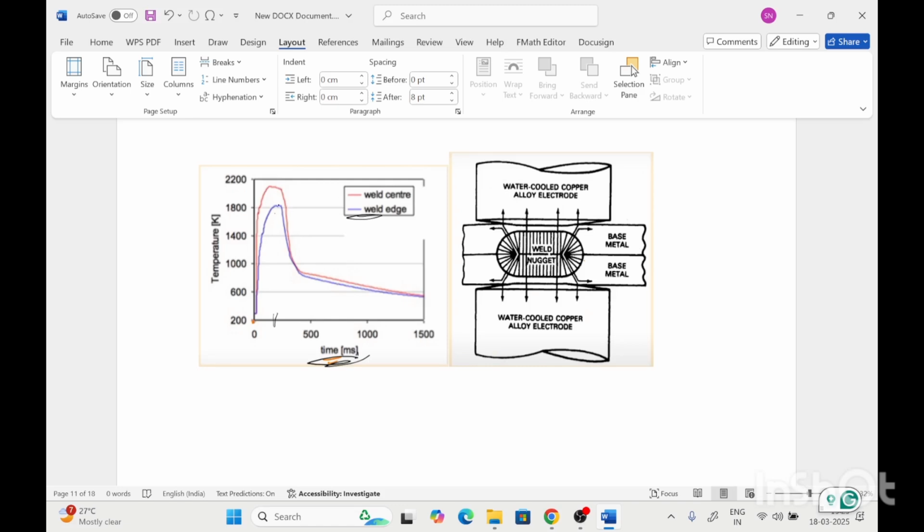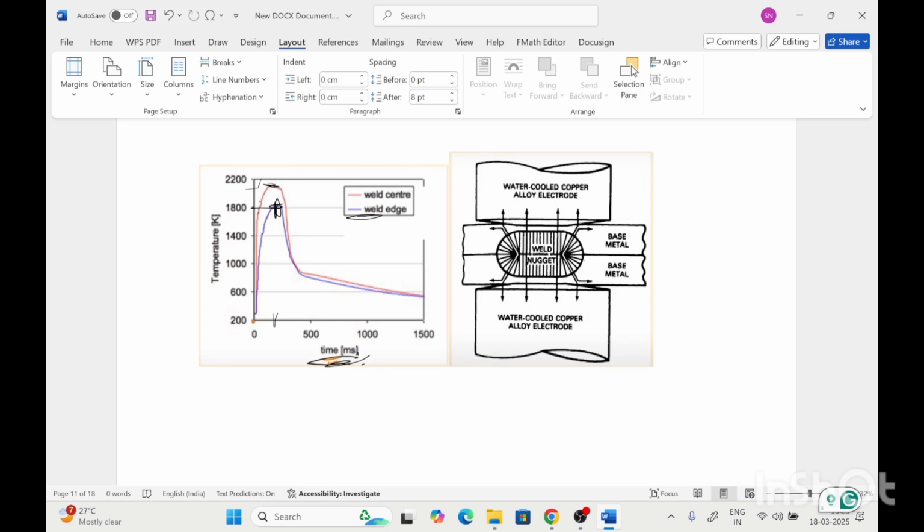For the time when welding occurs, the weld center temperature is around 2000 Kelvin, and the weld edge temperature is around 1800 Kelvin. With time, when the welding process starts and finishes, the temperature will decrease after each cycle.